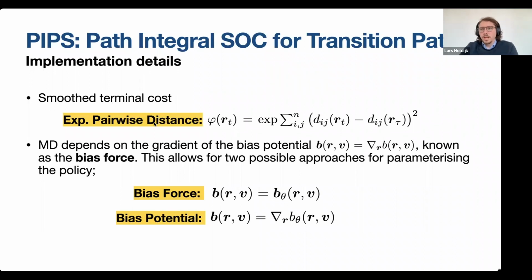Now we would just get a potential energy for every system, and then we get the actual bias force by backpropagating through the network. So these are two different approaches you could take to parameterizing this bias force. We tried both of these methods, and we will see that now in the results.